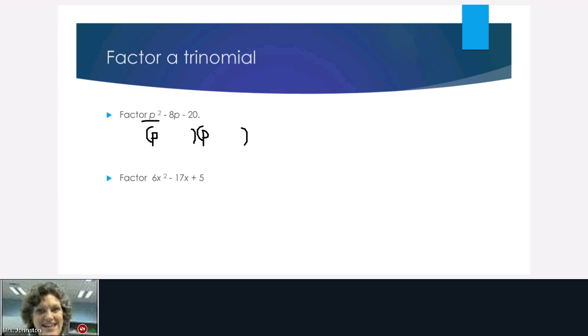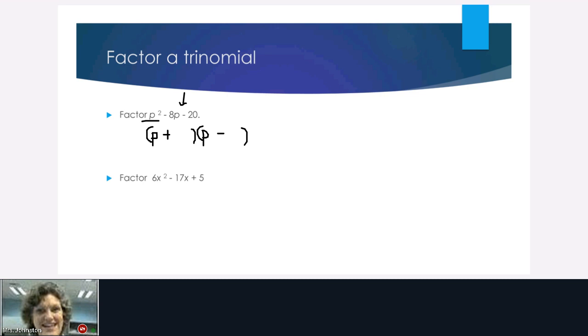Now here's a hint I didn't talk about before. If the last number is negative, that means one of your binomials will have a plus sign and one will have a minus sign, because the only way to get a negative product is to multiply a positive and a negative factor together. Now I'm looking for numbers that multiply to 20 and subtract to become 8.